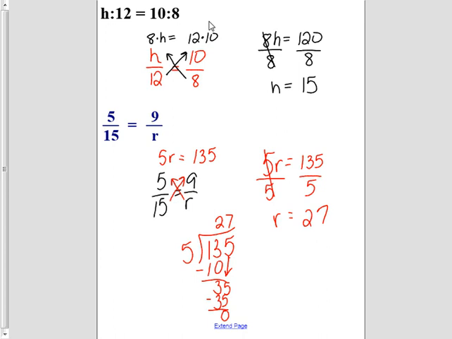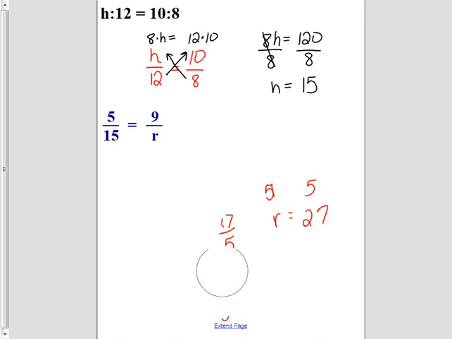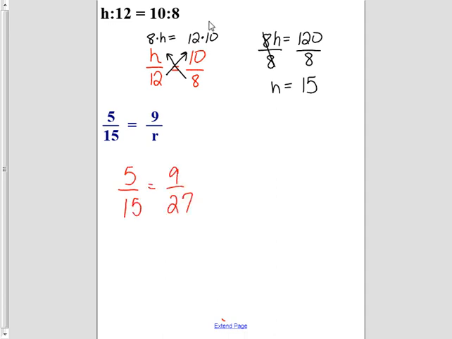Now, something interesting to note about that, and this is always going to be true with ratios as well, if they can be simplified easily. So 5 to 15 equals a ratio of 9 to 27. If you look at each of those ratios independently, you probably should be able to see a ratio of 5 to 15 is equal to a ratio of 1 to 3, and a ratio of 9 to 27 is also equal to a ratio of 1 to 3.